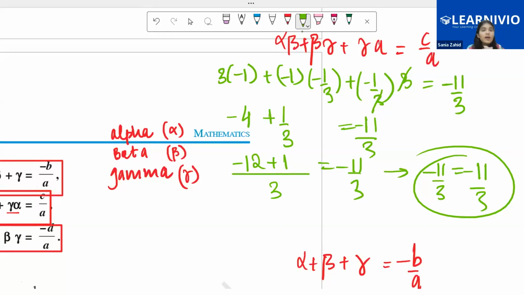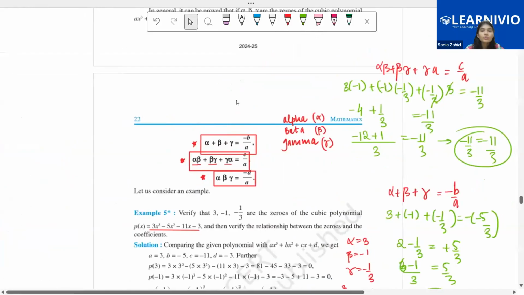It's alpha into beta plus beta into gamma plus gamma into alpha that gives you C over A. Then alpha into beta into gamma, that means product, is minus D over A. And sum is minus B over A. So this is how you're going to do such type of questions.